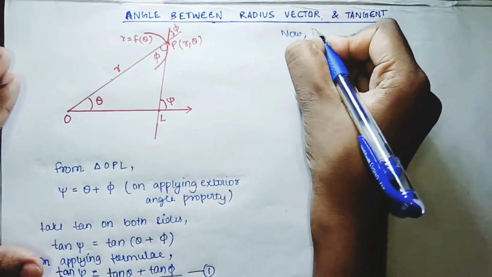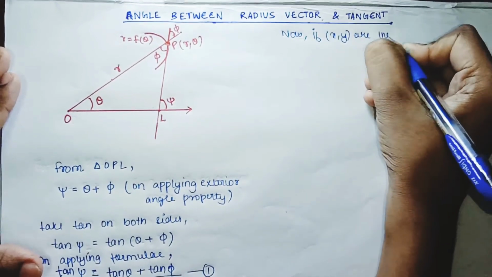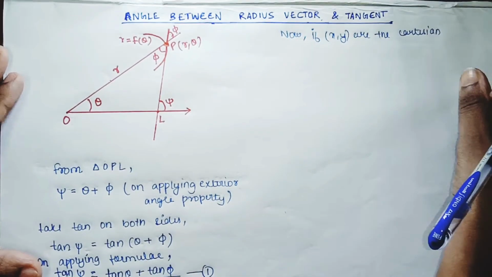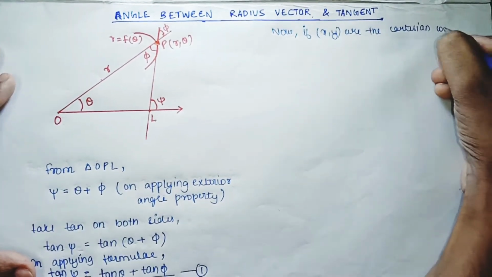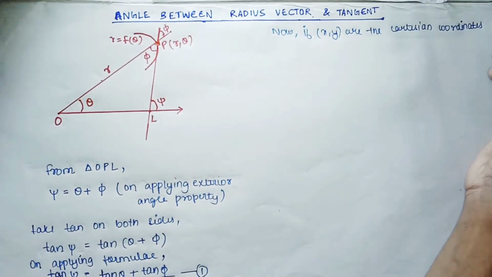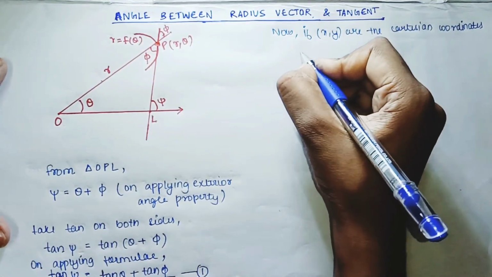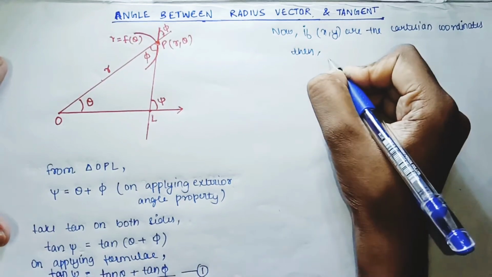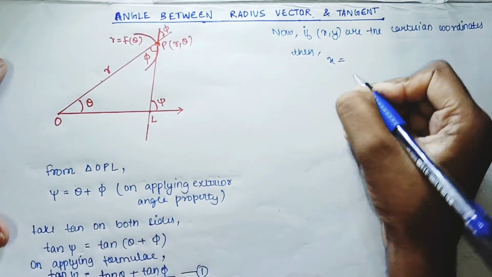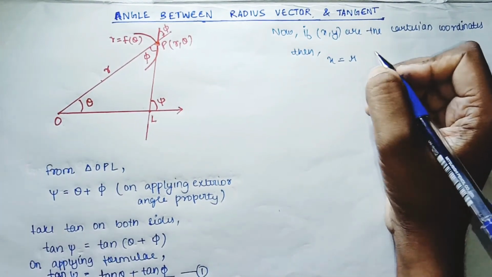Now if x comma y are the Cartesian coordinates, our expressions will change: x will become the expression of x in polar form and likewise for y.